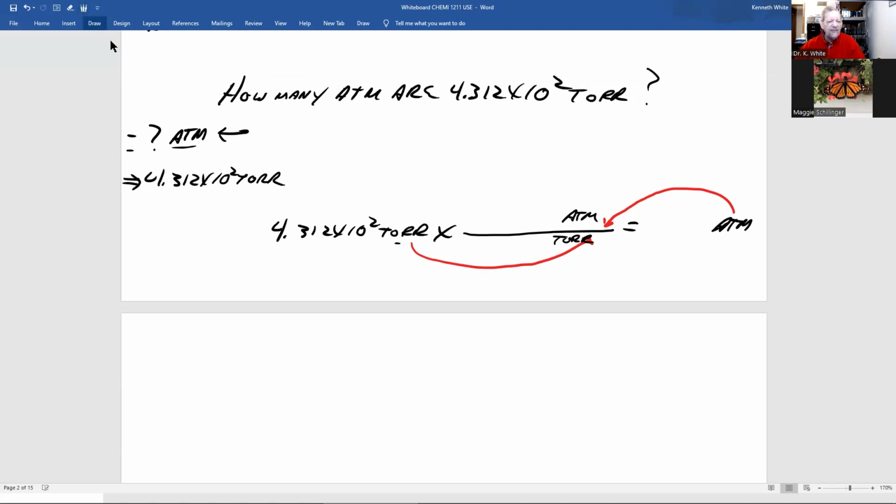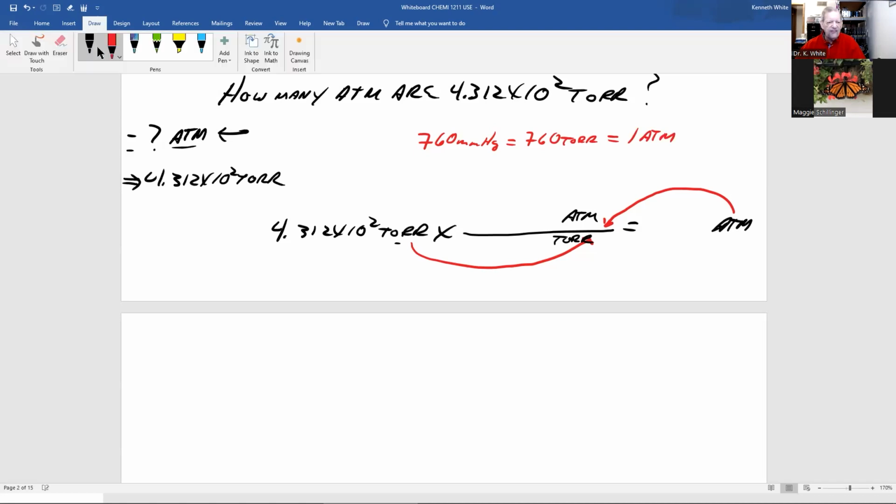Now, important information: test number 3, you will be given this. And that is 760 millimeters of mercury equals 760 torr equals 1 atmosphere.